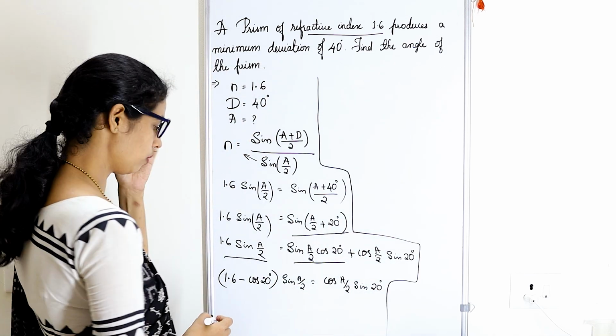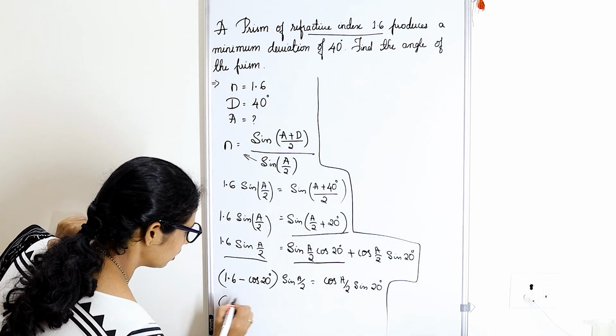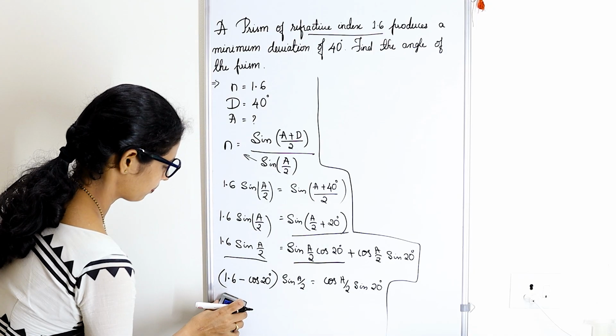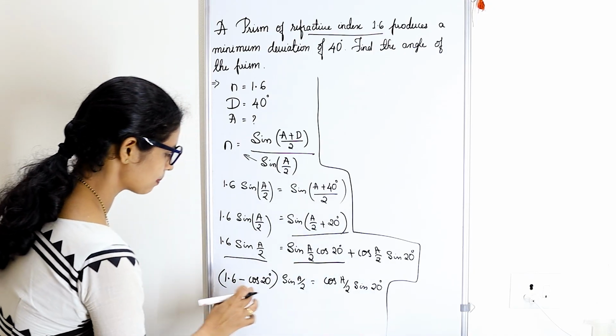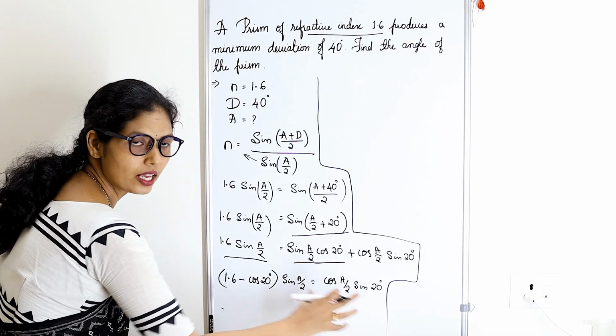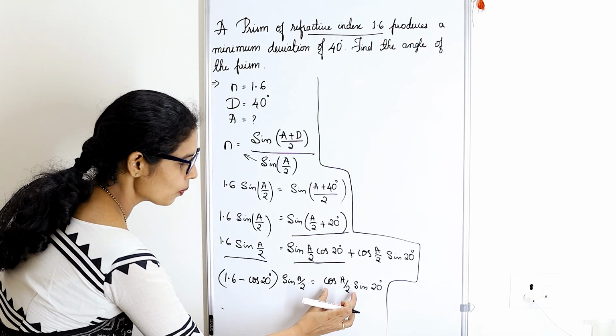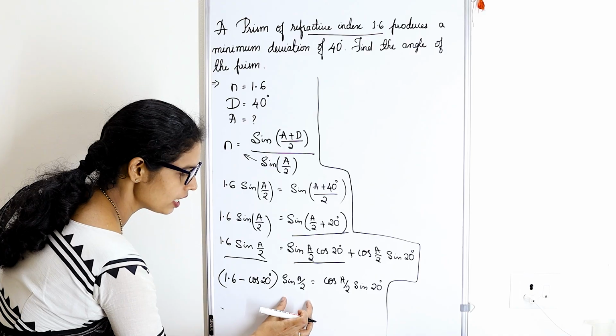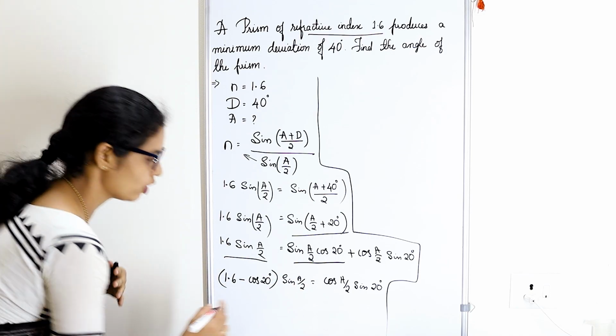Okay, so now this part, 1.6 minus cos 20, take this part on the other side, it goes to the denominator, whereas this cos A by 2 comes here and it comes to the denominator.